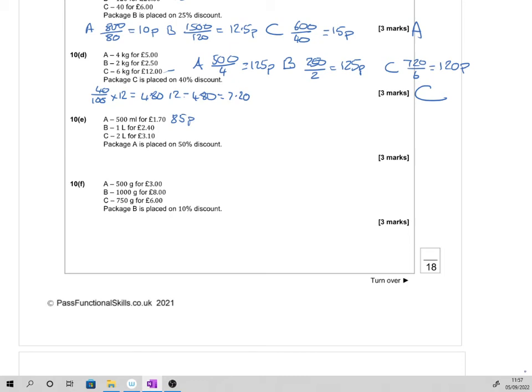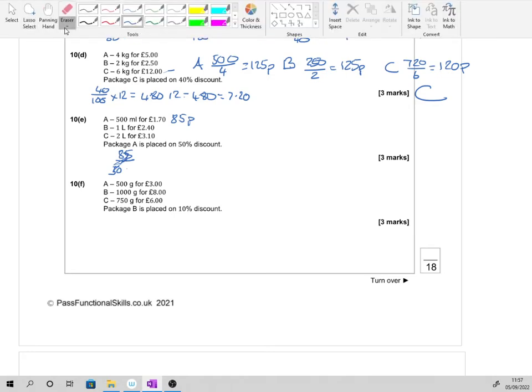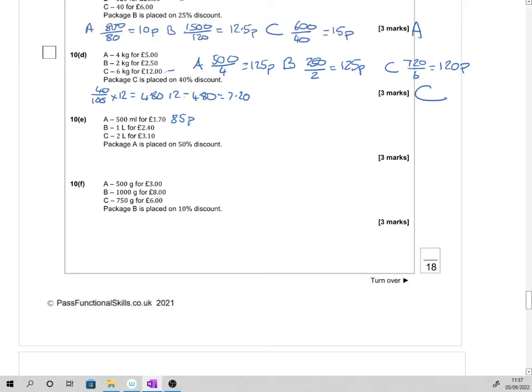I can already do that, yeah. So this is going to be 85 pence for package A per 500.